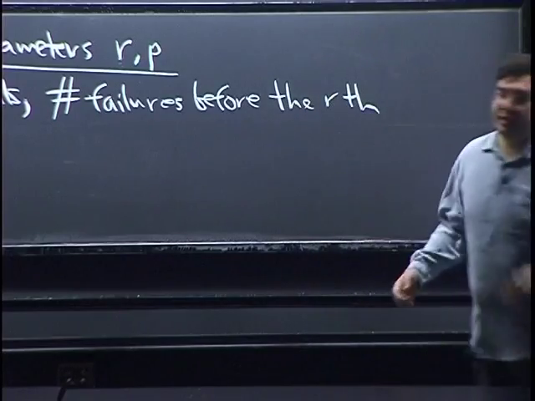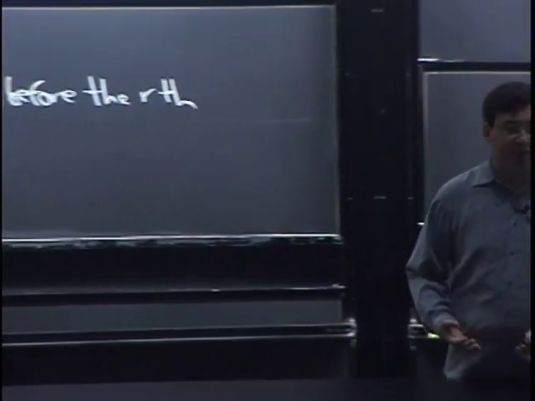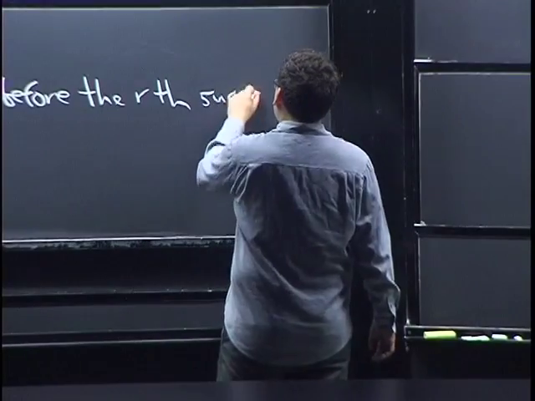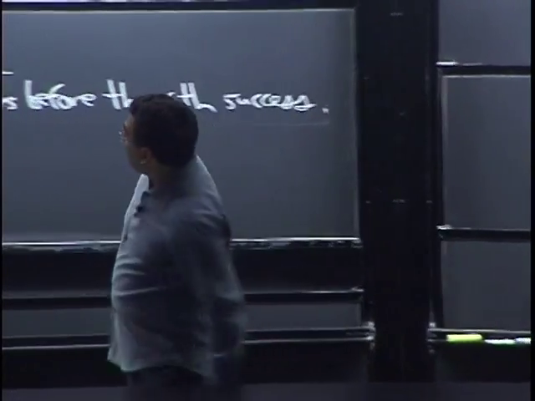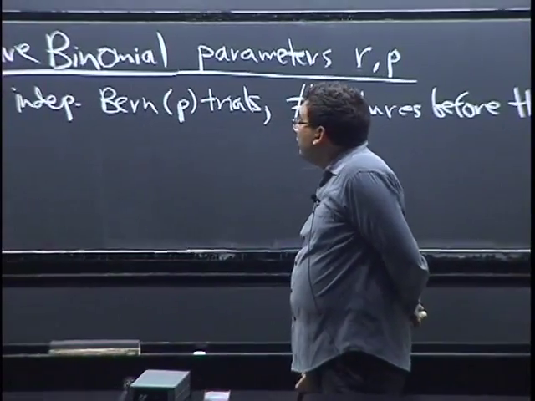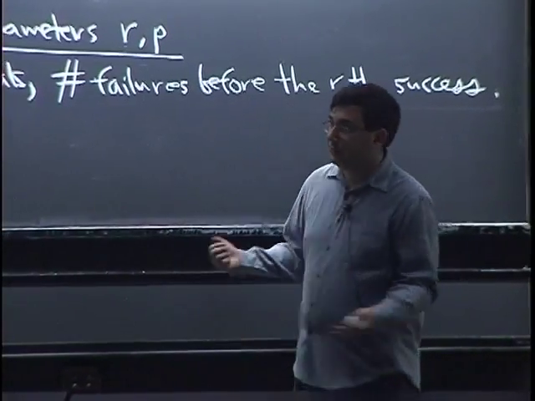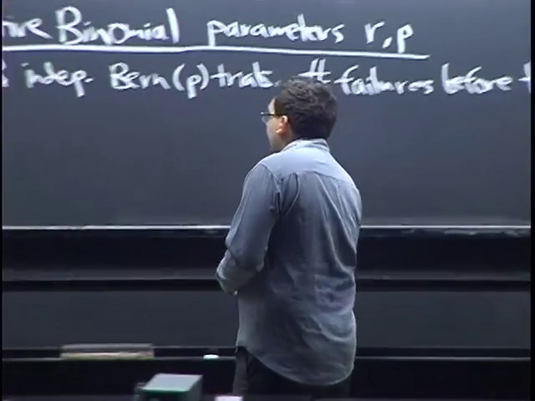So keep trying and trying and trying until you have R successes, and then count the number of failures. That would be called a negative binomial. Let's find the PMF. Let's find the expected value. Okay? So what's the PMF?